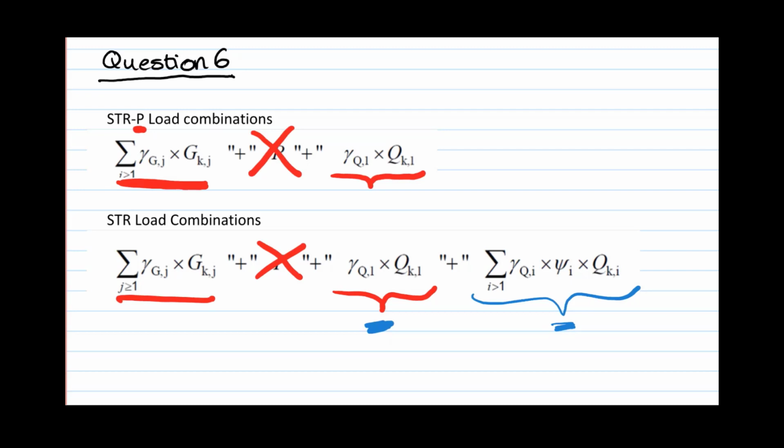So when it comes to this, we need to try all different types of imposed loads as leading. This term could be wind, it could be the maintenance load, it could be the roof crawl beam, it could be any of them.